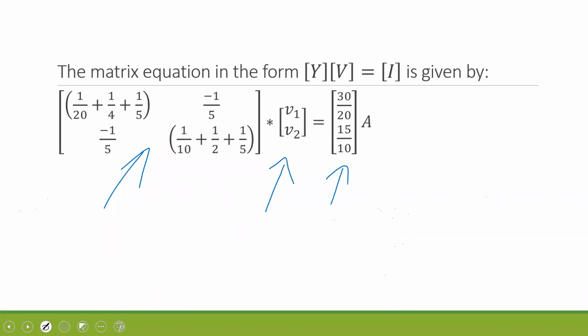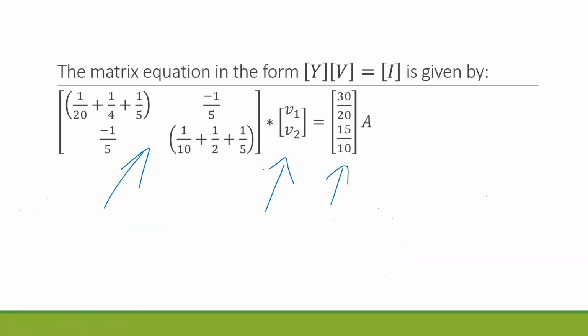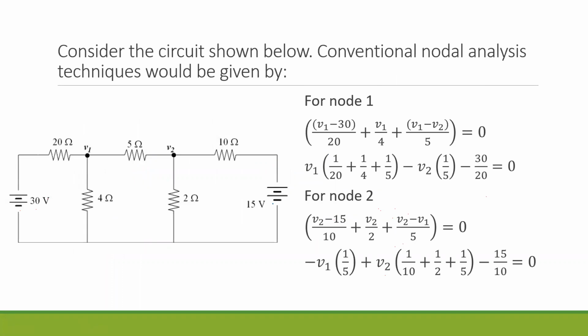We're going to say a couple of things about how we determine I. If you look back at the circuit, you'll see that for the 30 volt source, we're dividing by 20.